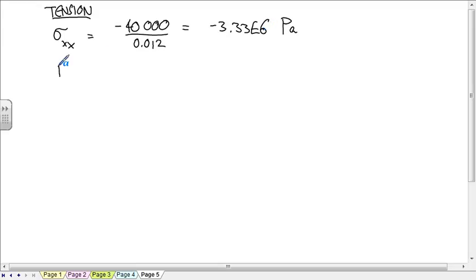And now due to bending, this is the tricky one, because this is the one that varies along the cross section. One thing that we have going for us is we don't have to worry about anything side to side. All we have to worry about is on what horizontal line this is. Okay, so on any one of these red horizontal lines, the normal stress due to bending is the same.